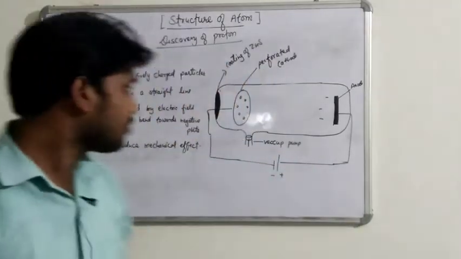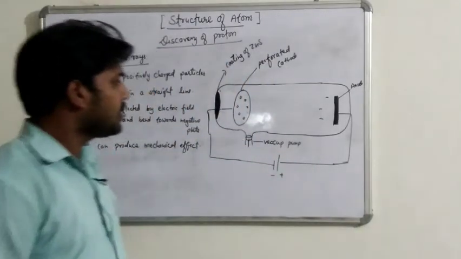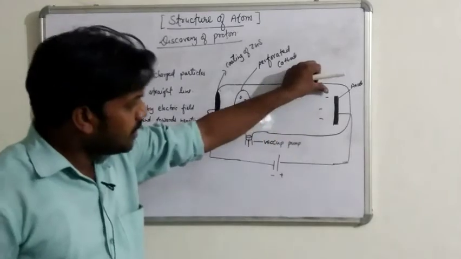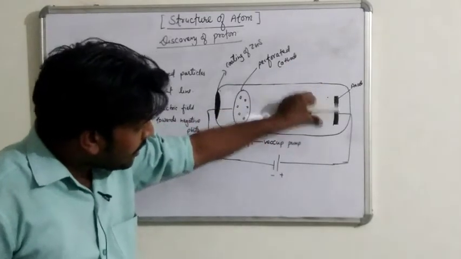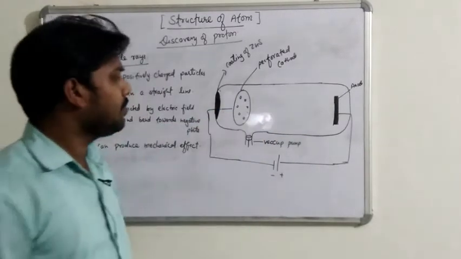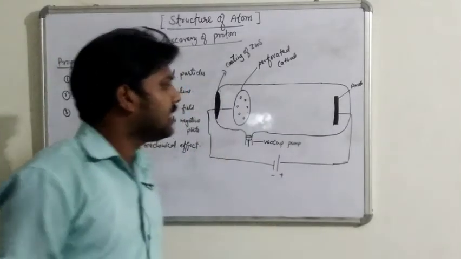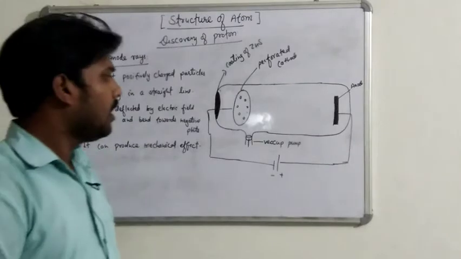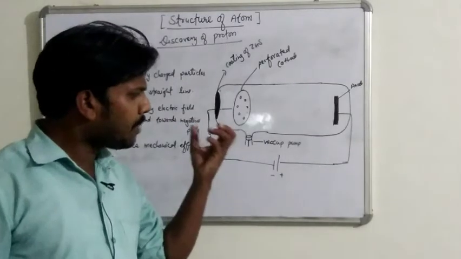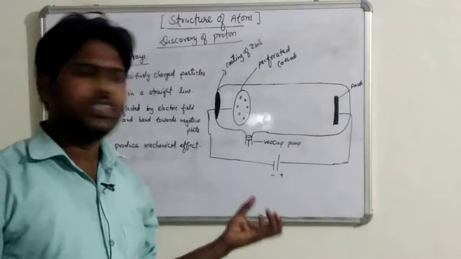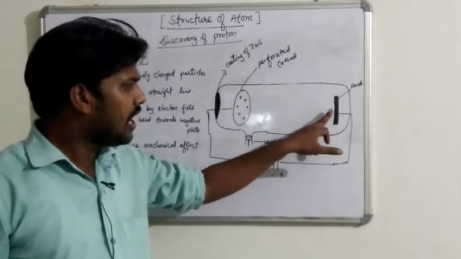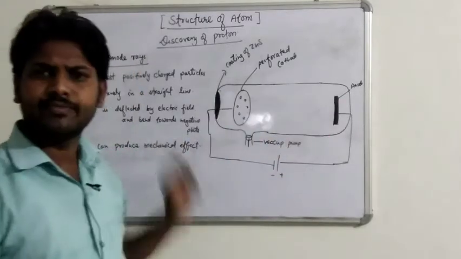Now, when he switched on the circuit, he observed that some particles originate from the anode and move towards the cathode.